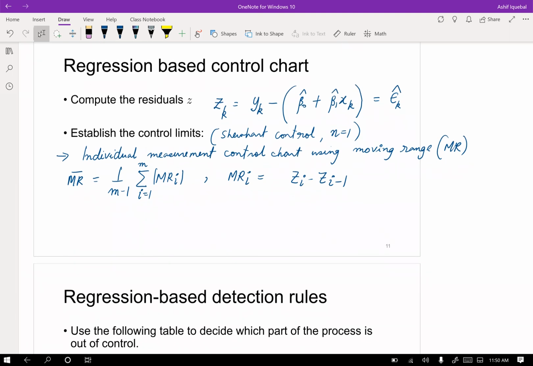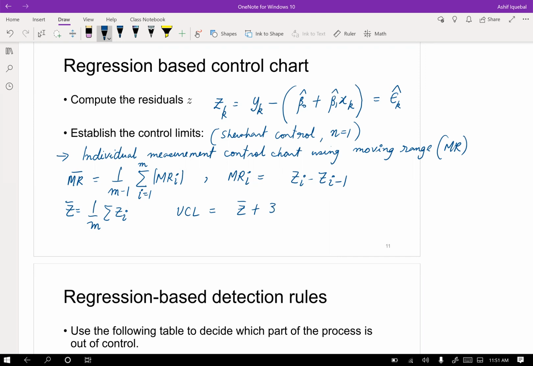And once you have this, you can write down Z bar, which is equal to 1 by m summation of Zi, and your UCL will be equal to Z bar plus Z alpha by 2. So we can just assume a 3 sigma control chart.